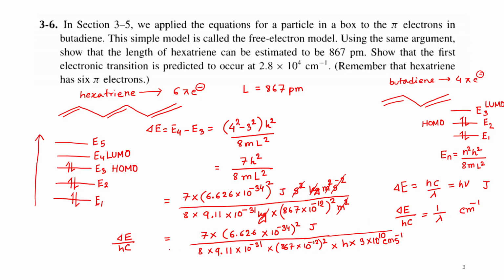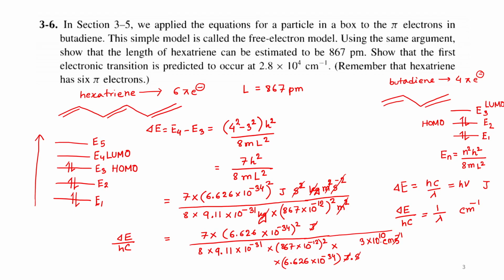Let me write down the value of each one here so that you are all on the same page. 6.626 times 10 to the power minus 34 joule second. The unit should be there. So joule and joule will cancel, and second inverse.